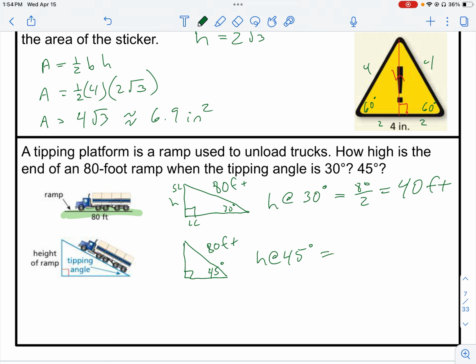Well, my rule in a 45, 45, 90 is that the hypotenuse is radical 2 times the legs. So to go the other way, I got to divide by radical 2. Well, I can't leave that in the denominator, so I'm going to divide it by 1 with the radicals so that I can get rid of them.